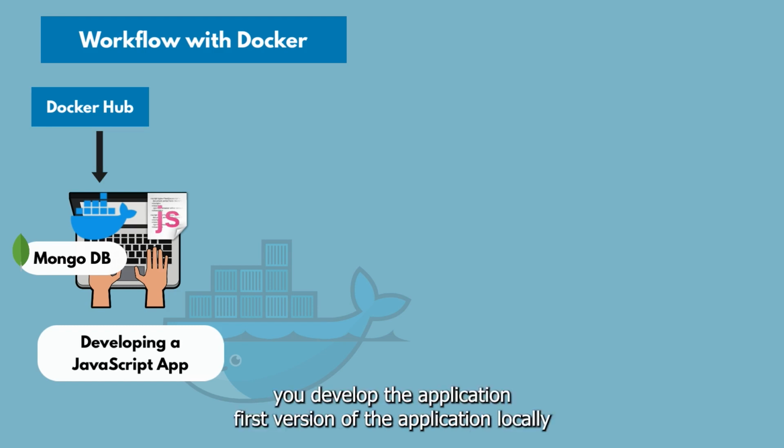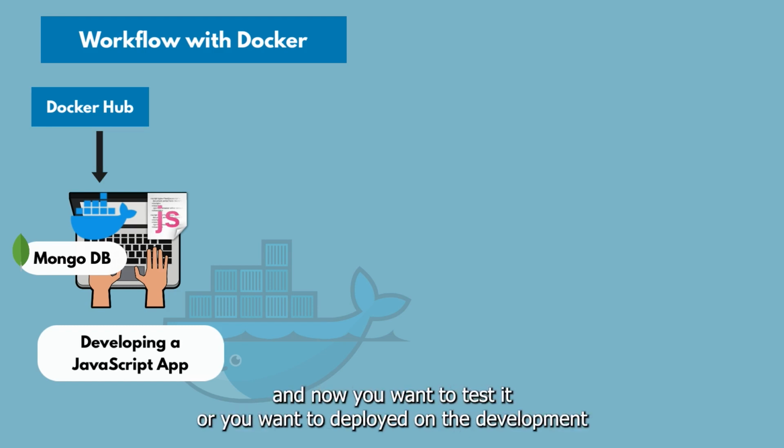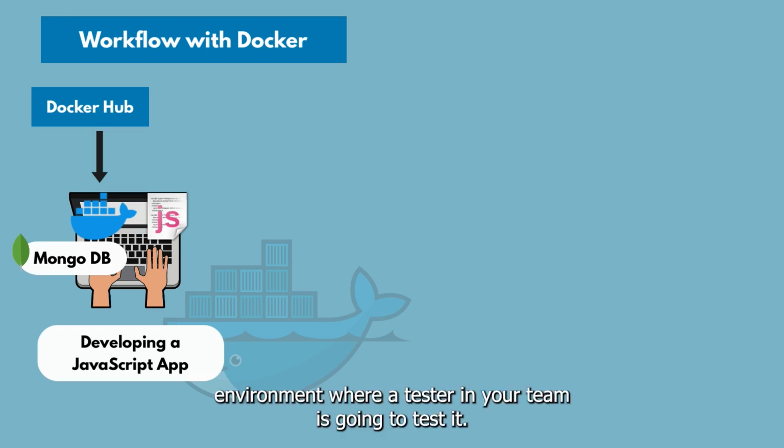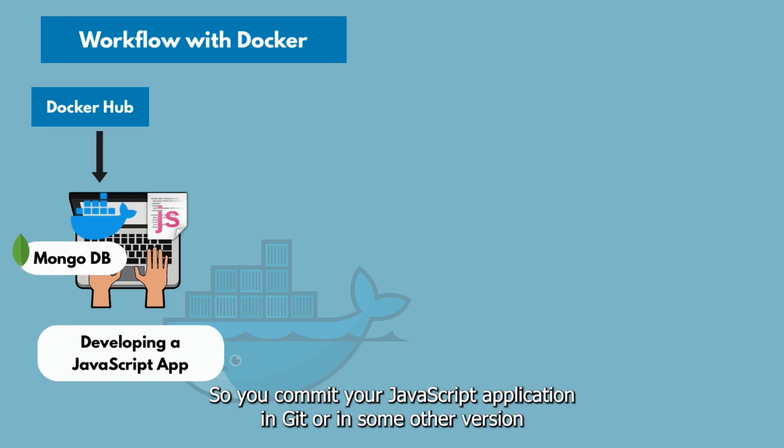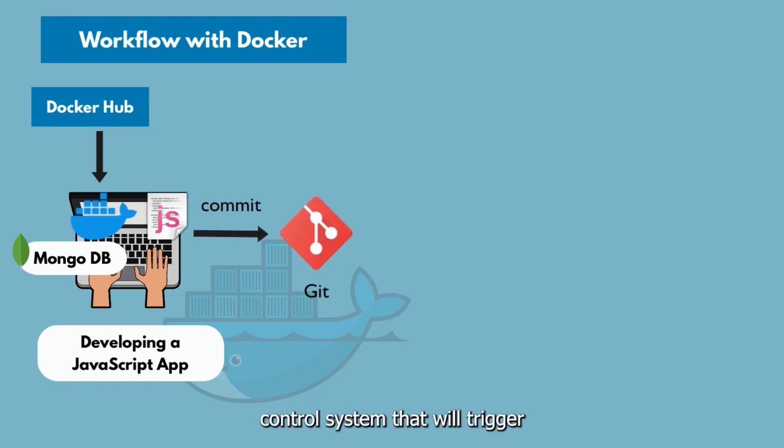Now let's say you develop the first version of the application locally, and now you want to test it, or you want to deploy it on the development environment where a tester in your team is going to test it. So you commit your JavaScript application in Git or in some other version control system.